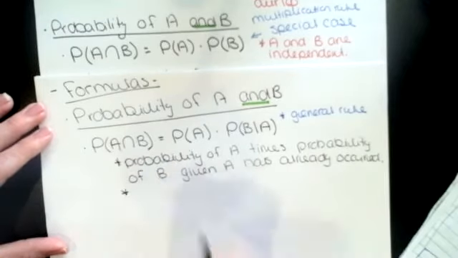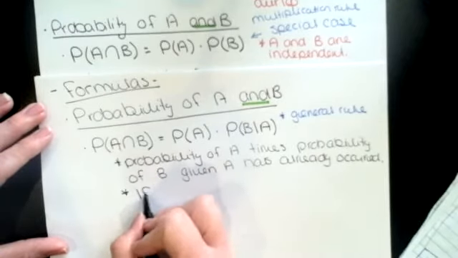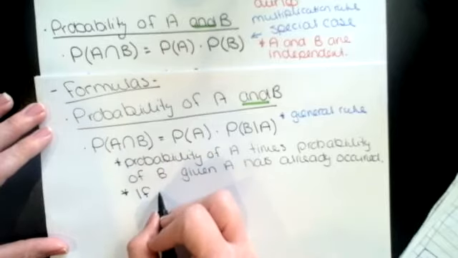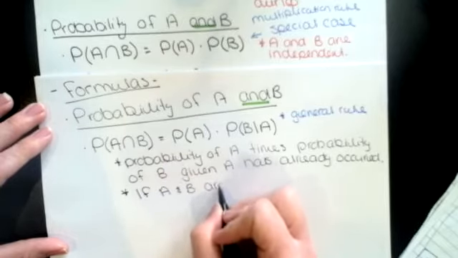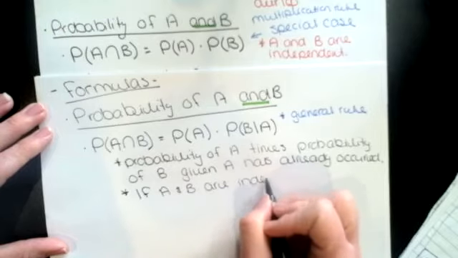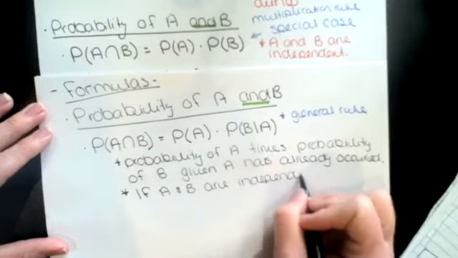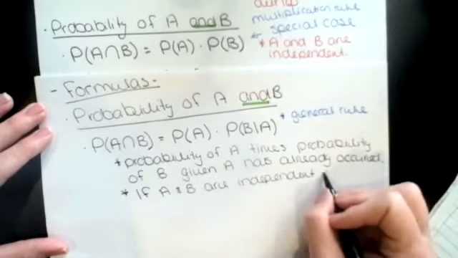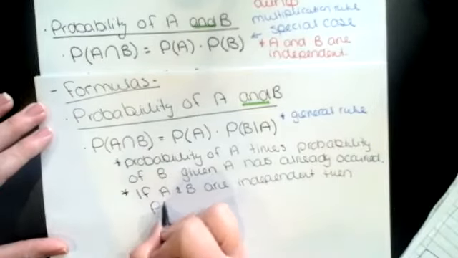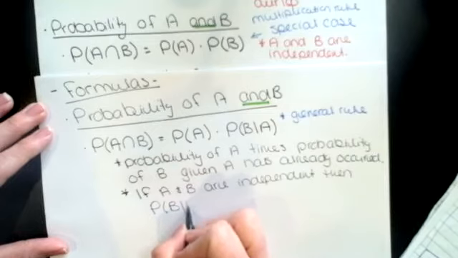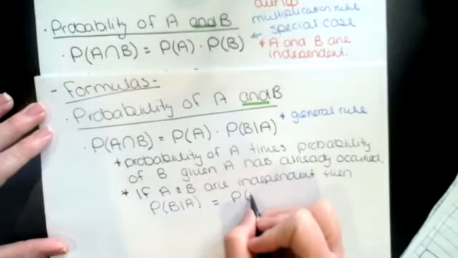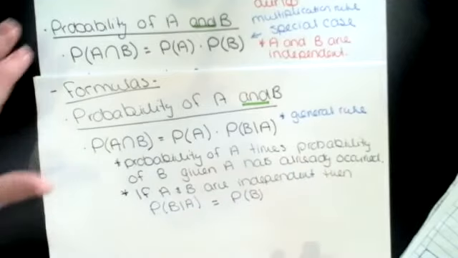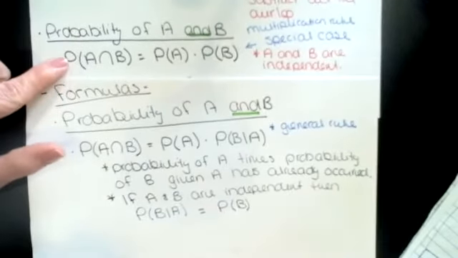And I also want to make a note, like I already just said it, but I'd like to write it down. If A and B are independent, then the probability of B given A will just equal the probability of B. So then it brings you back to your special case up here, okay?